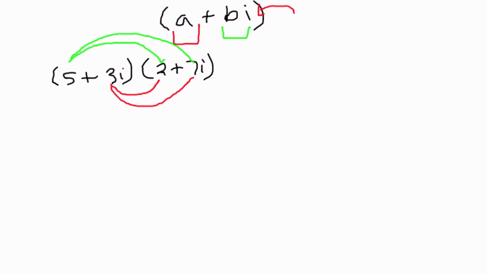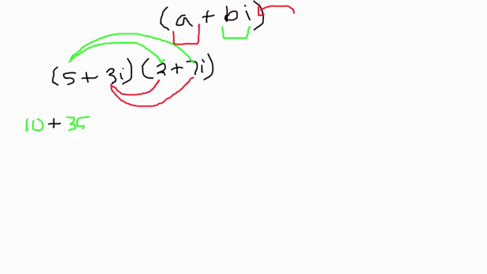So 5 times 2 gives us a value of positive 10. Now we do 5 times the 7i. What you're going to do is multiply the numbers together. So 5 times 7 gives you a value of positive 35.